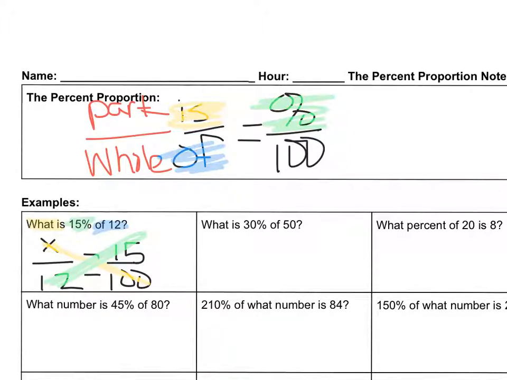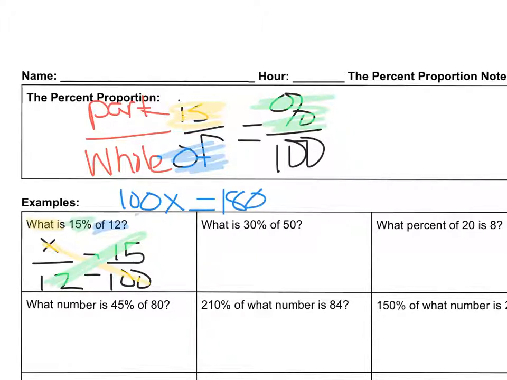So you have x times 100, so 100x equals, and then you do 15 times 12, which is 180.